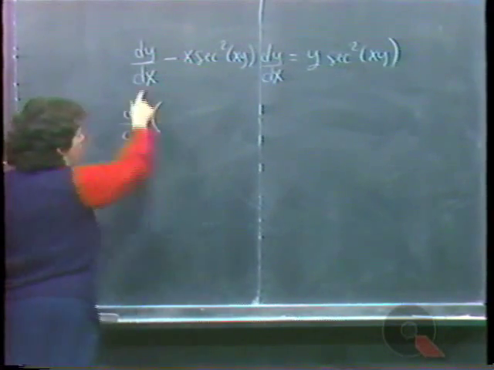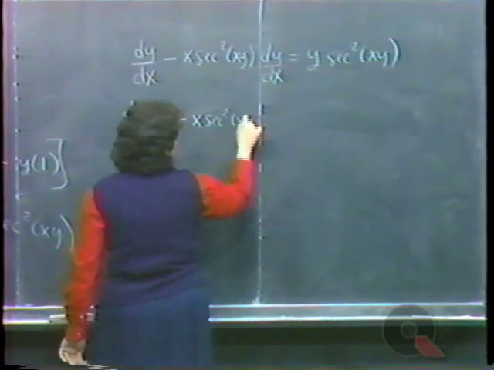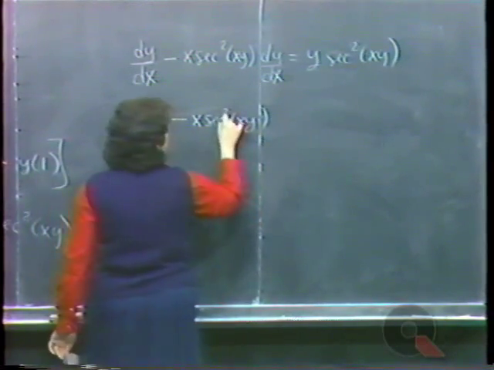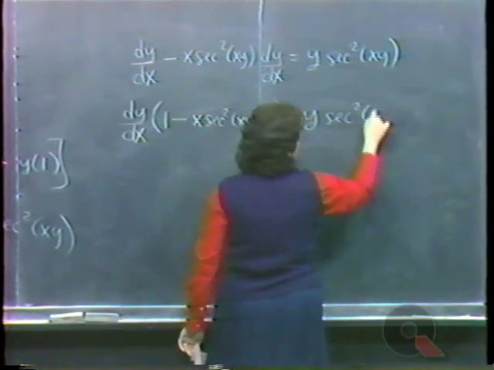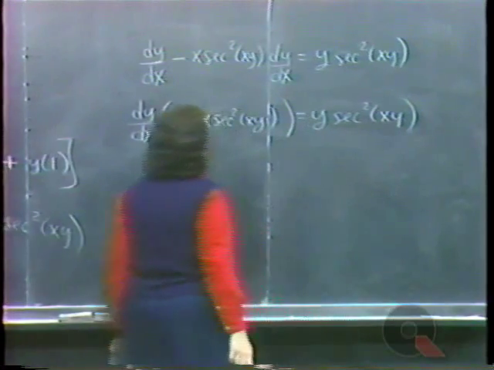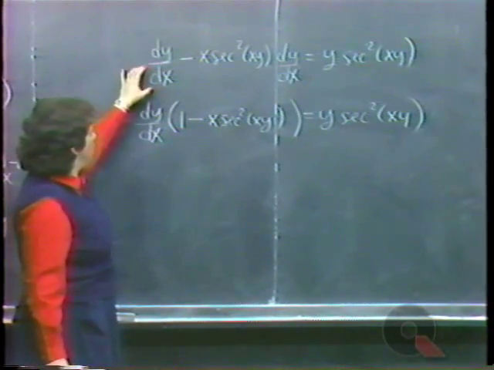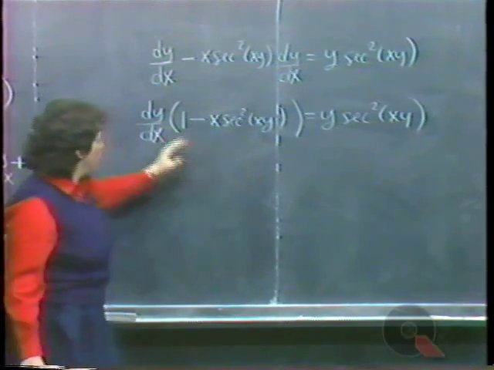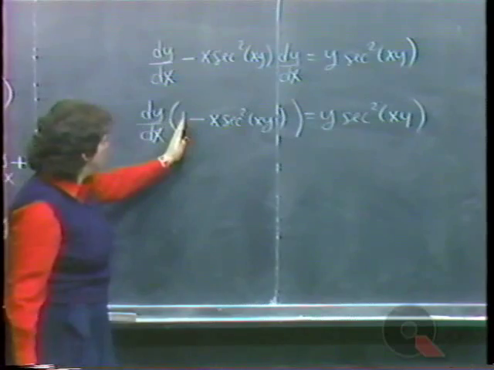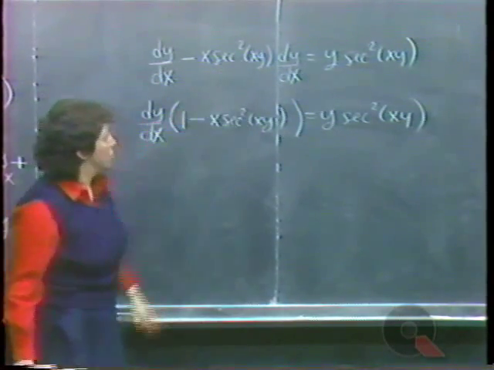Dy dx times 1 minus x secant squared xy equals y secant squared xy. I factored out the dy dx on the left side, leaving us with dy dx times 1 minus x secant squared xy. If you multiply it out, you have dy dx minus dy dx times the x secant squared xy.